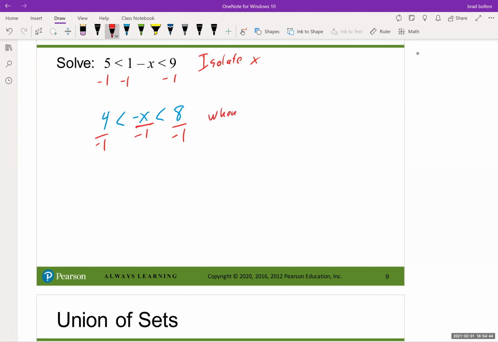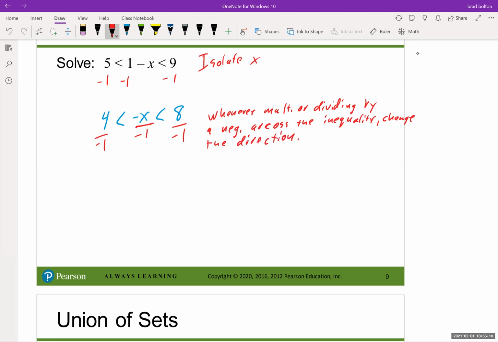Whenever multiplying or dividing by a negative across the inequality, change the direction of the inequality.